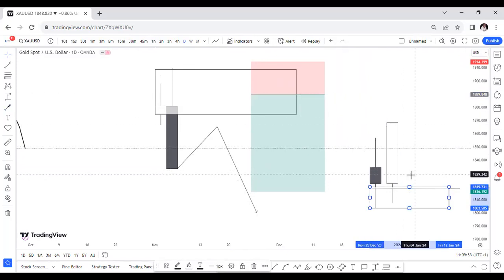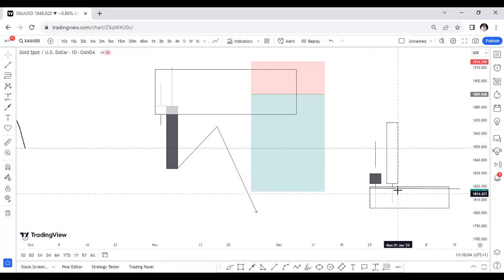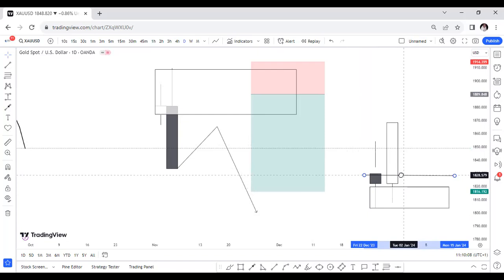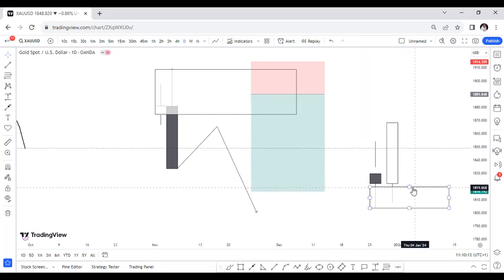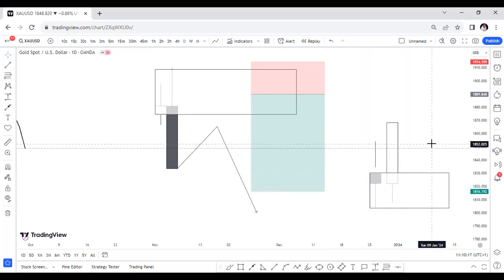So you are in a situation where you have a very small body of engulfing. That's good for you. So you just have to do this, and then you're waiting for price to come in.